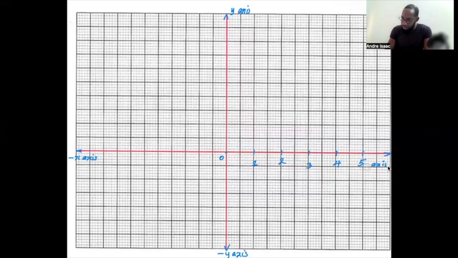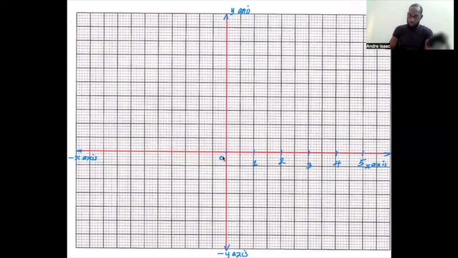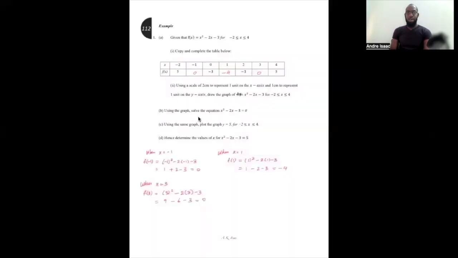On the negative side, we're doing the same thing: this will be negative 1, negative 2, so on, negative 5. So we did the x.